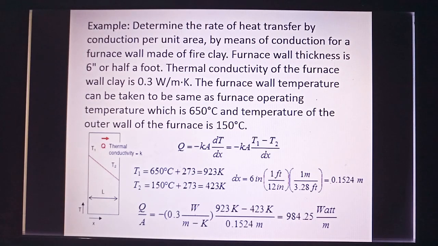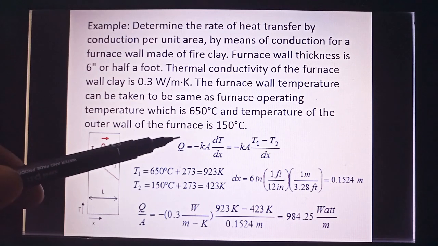The thermal conductivity of the fire clay is 0.3 watts per meter per Kelvin. The furnace wall temperature can be taken to be the same as the furnace operating temperature, which is 650 degrees C, and the temperature of the outer wall of the furnace is 150 degrees C.